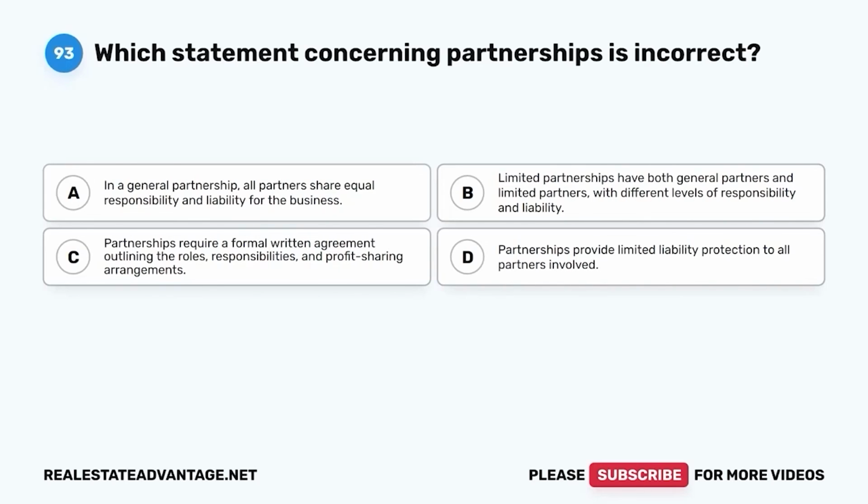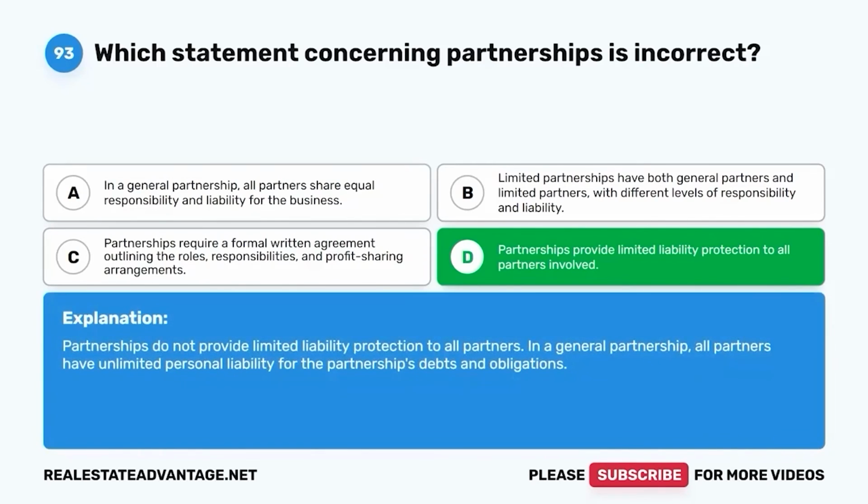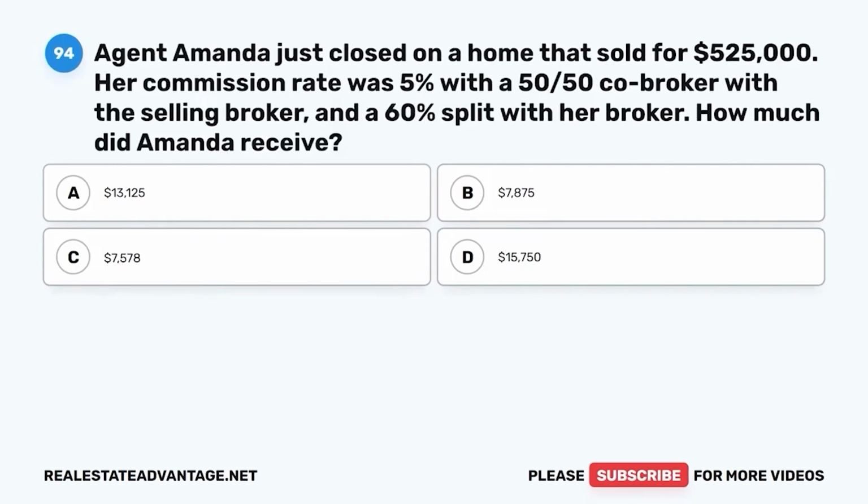D. Partnerships provide limited liability protection to all partners involved. The correct answer is D. Partnerships do not provide limited liability protection to all partners. In a general partnership, all partners have unlimited personal liability for the partnership's debts and obligations.